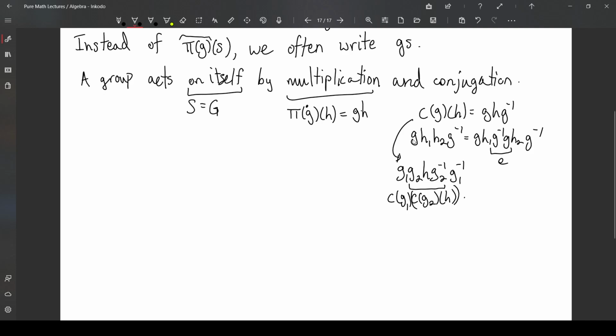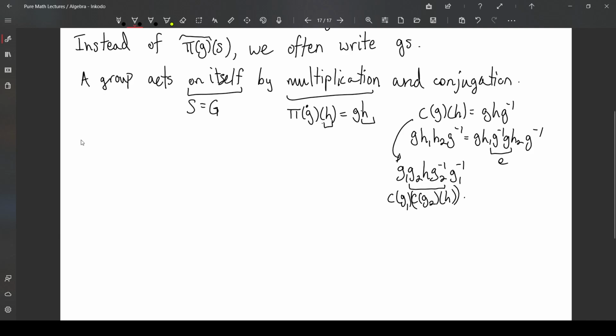Okay, so, but yeah, with these group multiplication and conjugation actions, we see that they're also homomorphisms in terms of h, right? They're not just set permutations on the set of group elements, but they're also homomorphisms.